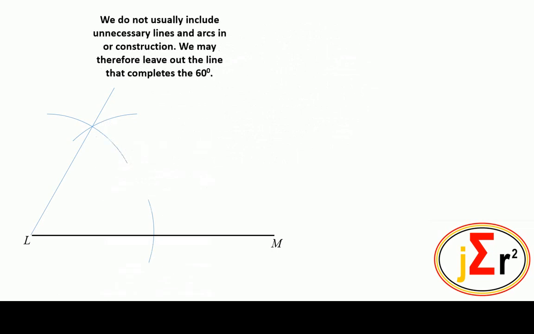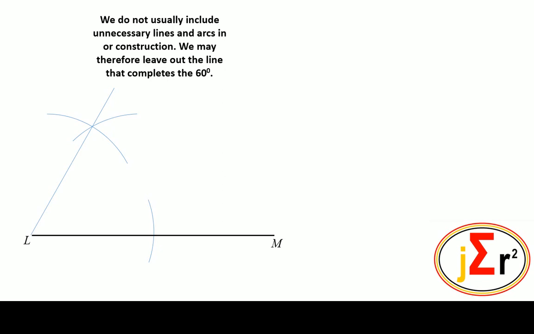We do not usually include unnecessary lines and arcs in our construction, because you will see by the end of the exercise that we will have a lovely mixture of arcs on the diagram. So anything that is not necessary to be placed there should not really be placed there.